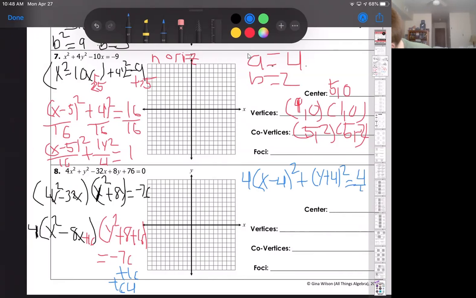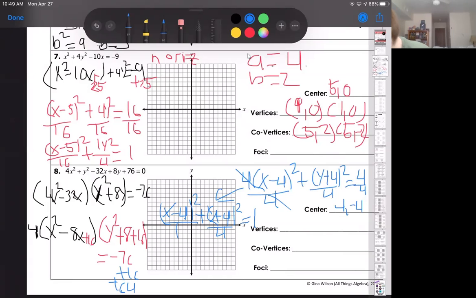And then if you divide the 4 over, I don't know where to write this. Yeah, I'm just going to write it over the graph. I'm sorry. This would just be (x minus 4) squared, because the 4's cancel. The y part is just going to stay over 4. And then it's going to equal 1. So my center is just going to be (4, negative 4).